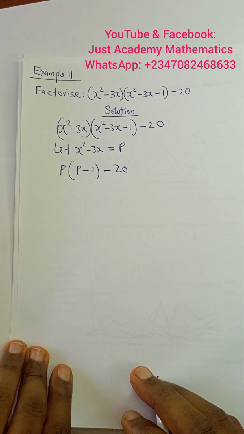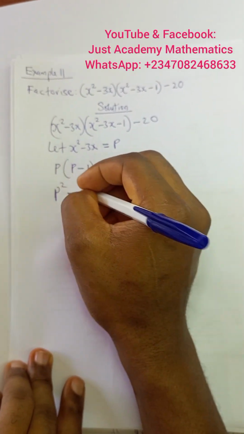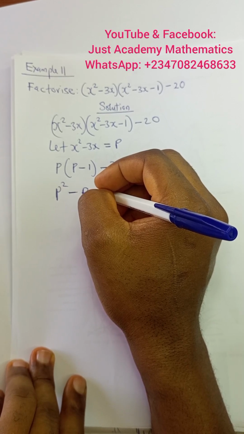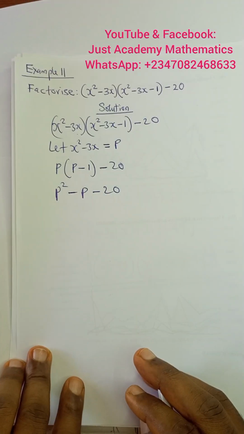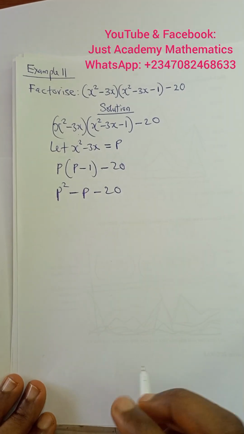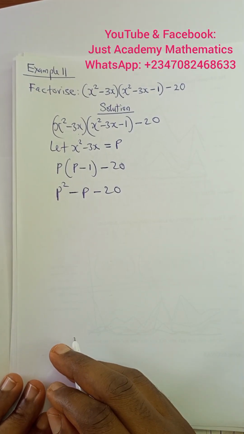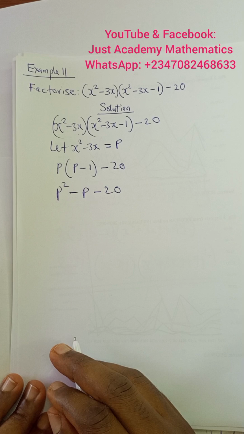Interesting, is it not? So this is p squared minus p minus 20. I need 1 times 2 to give me minus 20. 5 and 4 will work well. Minus 5 plus 4 should work.